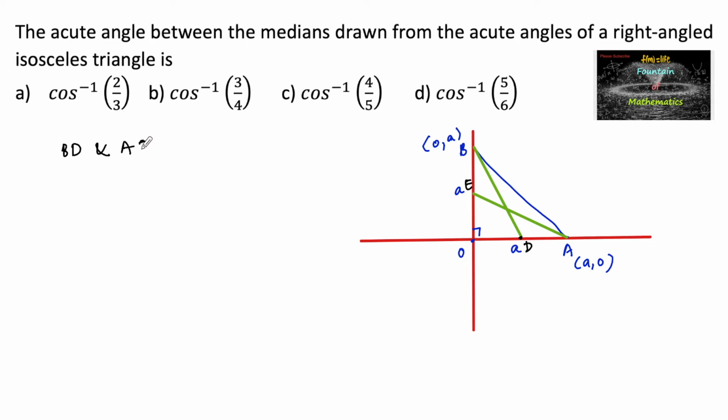BD and AE are the medians. And there is an angle formed, one acute and one obtuse angle. So consider the acute angle, say theta. Theta is an acute angle.